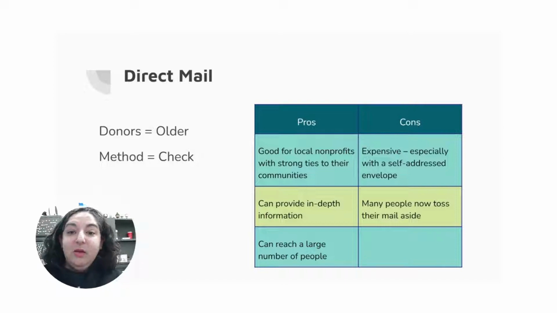Let's start with direct mail. I think most of us are very familiar with this type of fundraising. You may have received a letter in the mail from an organization that you've previously donated to, or you might have received something that was completely unsolicited. I don't recommend sending a bunch of mail to people that you don't know, but there are ways to do that. You may have a really tight-knit community that's aware of your organization, but you don't have a really strong list of addresses.